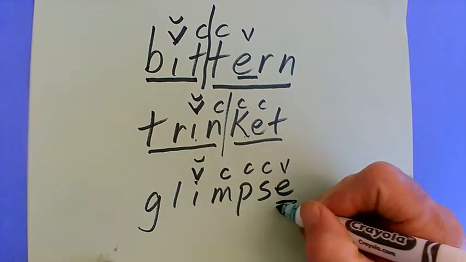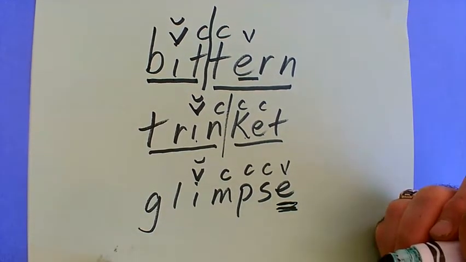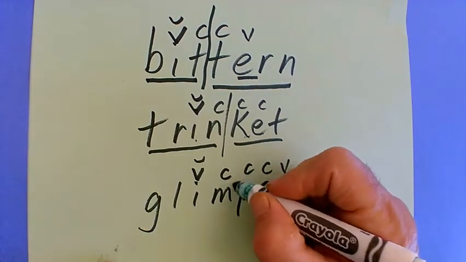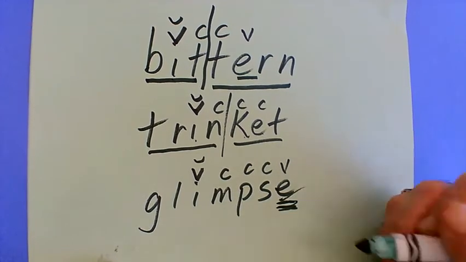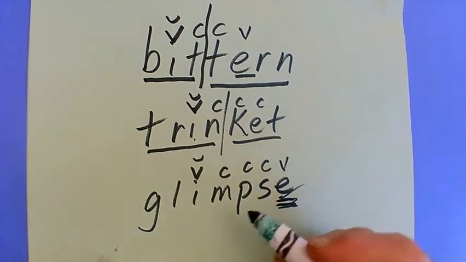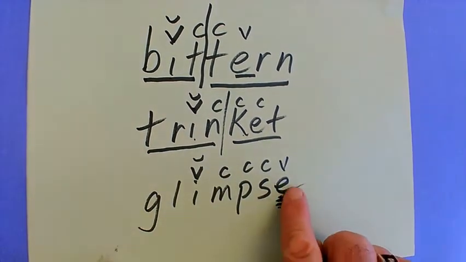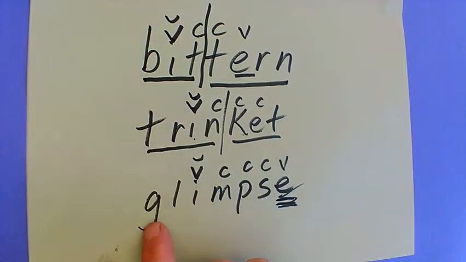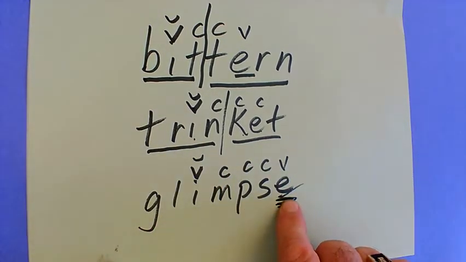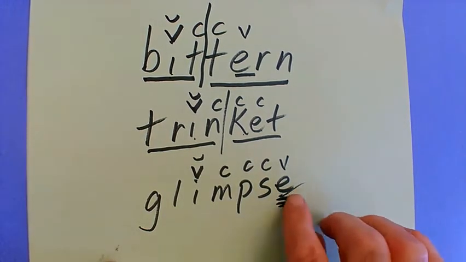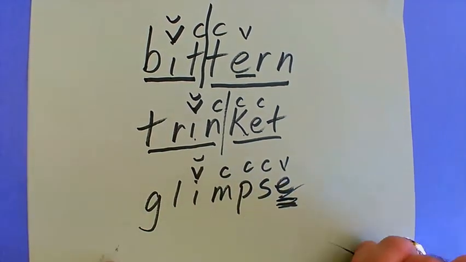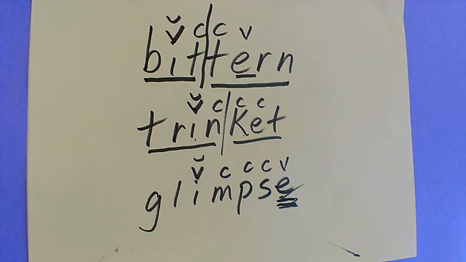Because we know that E at the end doesn't make a sound. Because if we were going to divide it, then it'd be glimpsy. But it's not, because E at the end never makes a sound. So in words like this, where you see an E at the end, you're not going to divide it. It's just going to be glimpse. And so you see that in quite a few instances where you see this pattern with an E, and all you know is that I is going to be short, but you're not going to divide those words because it's not glimpsy.